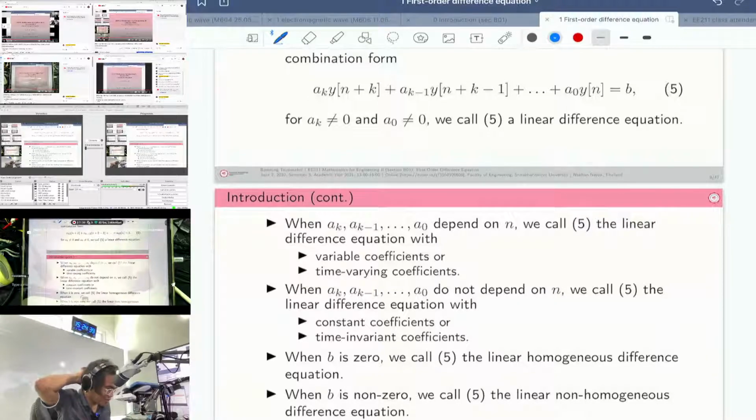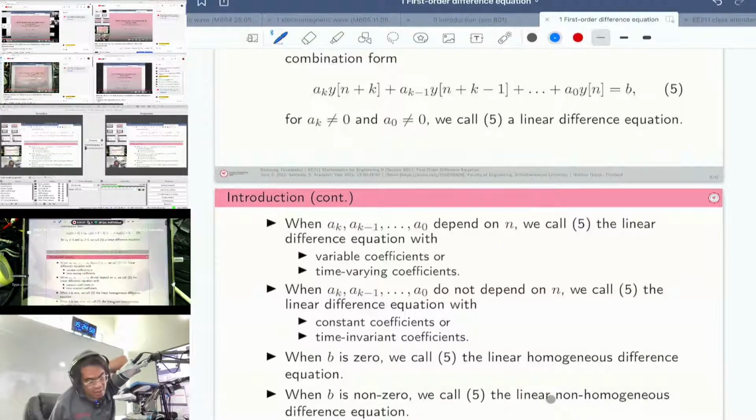But if b is non-zero, so the right hand side here is not 0, we will call this kind of expression a linear non-homogeneous difference equation.